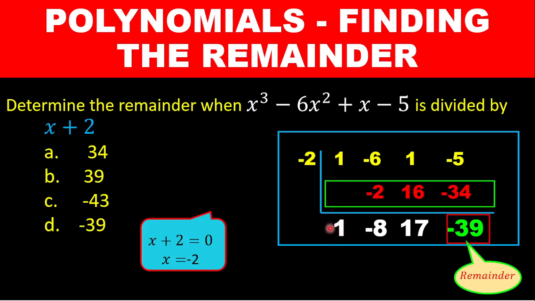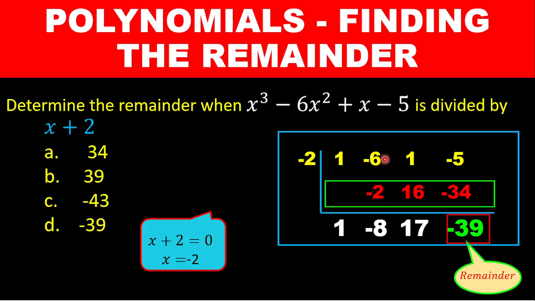And then any item you are going to write down must be multiplied by the number you have here. So minus 2 will now multiply 1. So that will give us minus 2, and it goes to the next number. Okay, and then the next number, that is minus 2. Now that I have this minus 2, I will add these two numbers.